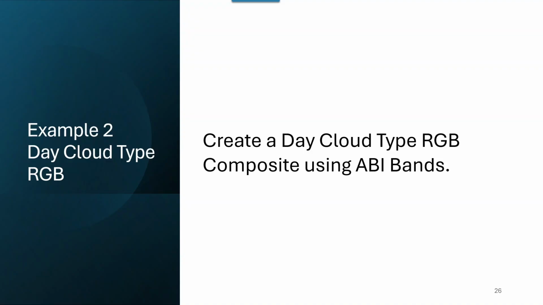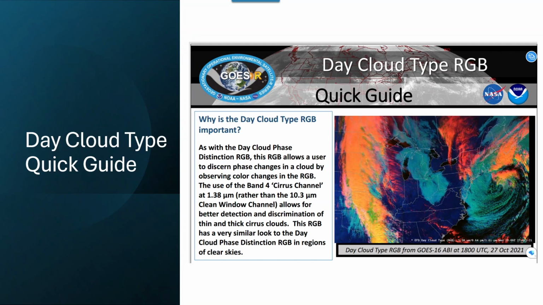We will continue with example 2, and this one is called day cloud type. Once again, we do a Google search and we find the quick guide, and the quick guide basically tells us what this particular image is going to tell us.